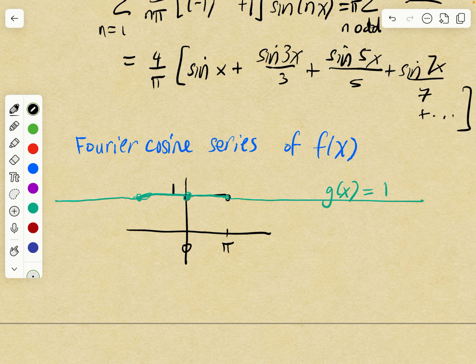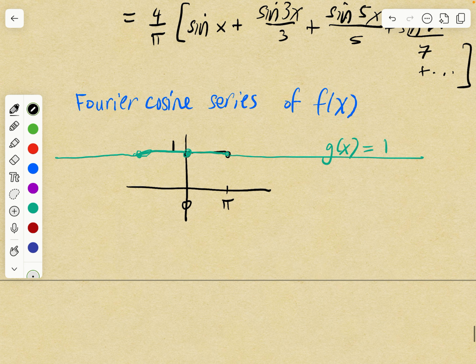Okay, I'm going to check and make sure that the Fourier cosine series does involve the A0 term. So this A0 over 2 is the constant term, and this function is a constant. So the Fourier cosine series should just be 1.